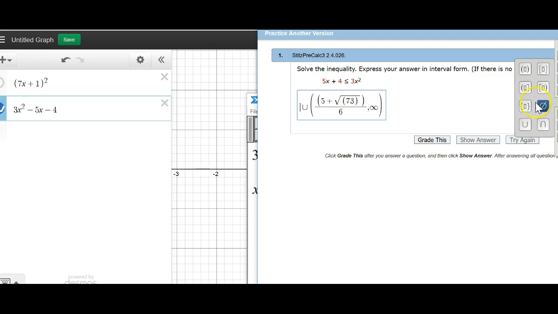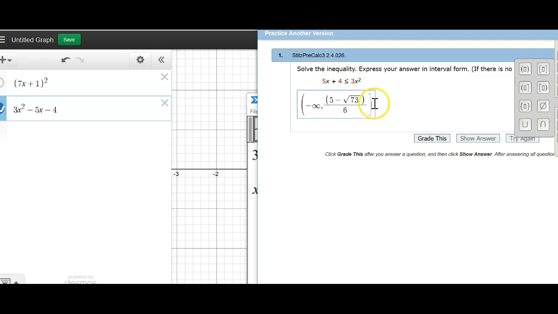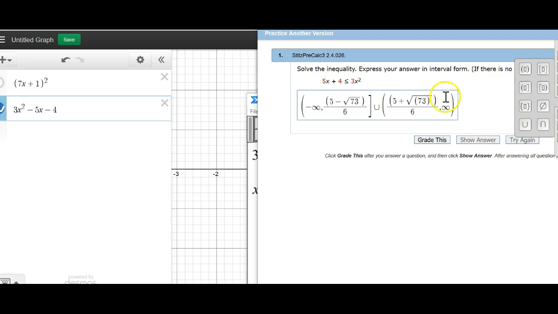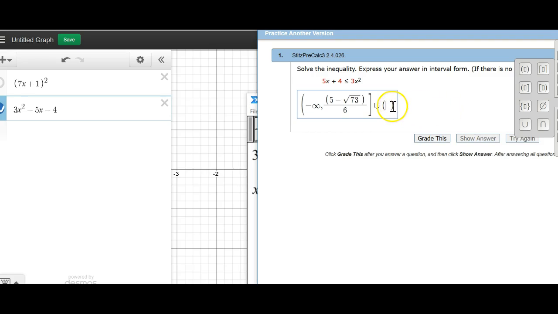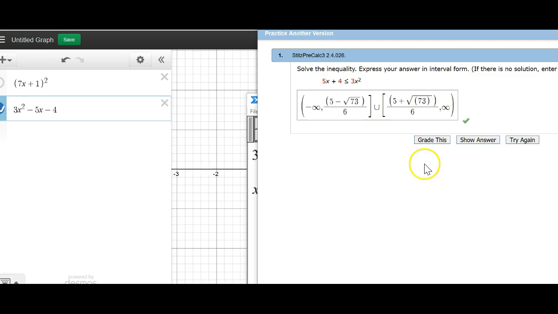And I'm going to choose that template. All right, let's keep our fingers crossed. Yay, it worked.